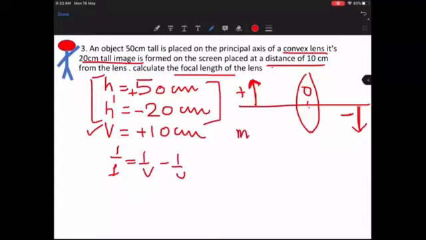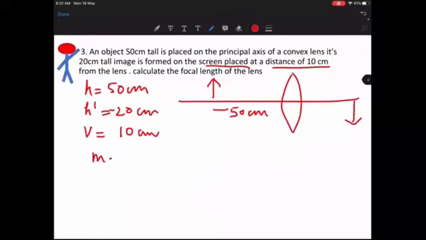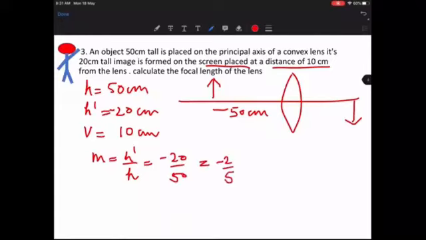Now recall the formula for the magnification. Magnification is equal to h dash upon h. So when you calculate this, you will be getting minus 20 upon 50, which is minus 2 upon 5. So this is the magnification. Now with this magnification, if you know your v, you can also calculate your u. How will you do it?